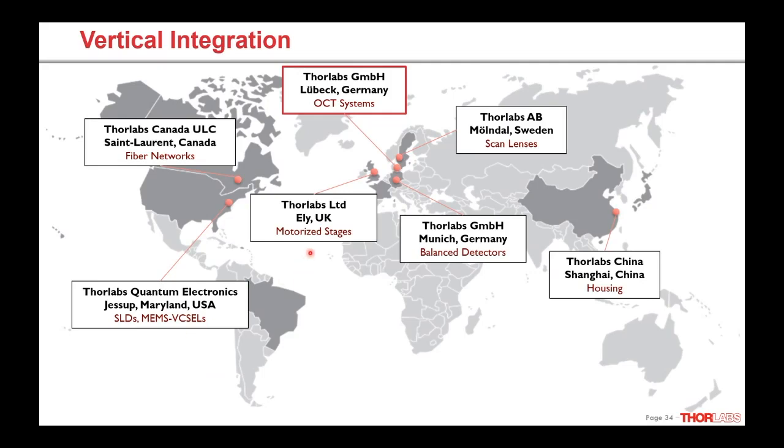Our team in the UK makes motorized stages that can be used to move a sample underneath the OCT probe head, but also to move the reference arm of an OCT system. Our group in Munich makes balanced detectors. The housing of our OCT systems is made in Shanghai, China, and you can actually also buy this housing off of our website.